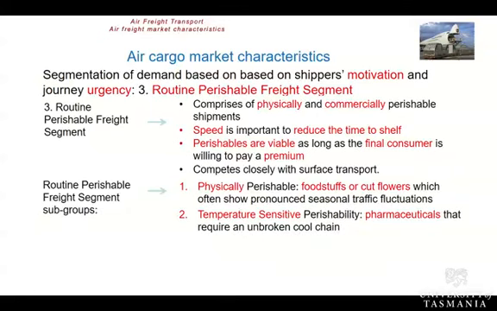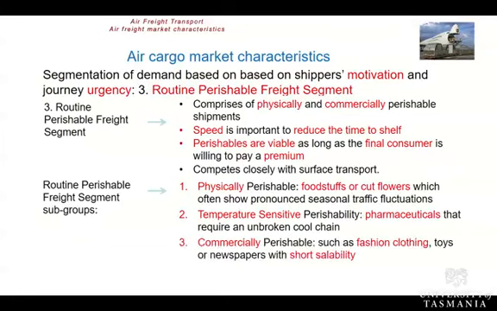And when we talk about temperature sensitivity, we're talking about things such as pharmaceuticals that require the unbroken cool chain. We've also got commercial perishability. So these are customers with fashion, clothing, toys, newspapers that have got a short saleability cycle.